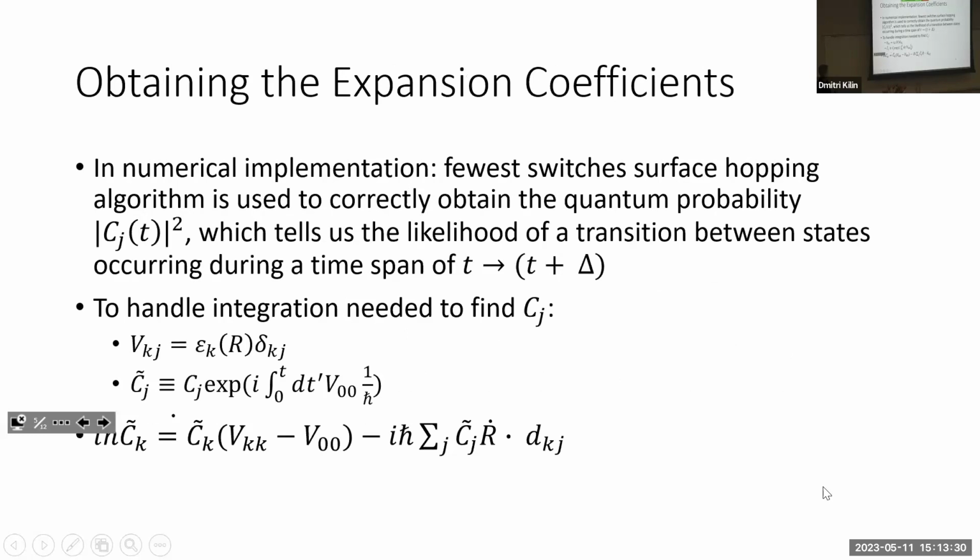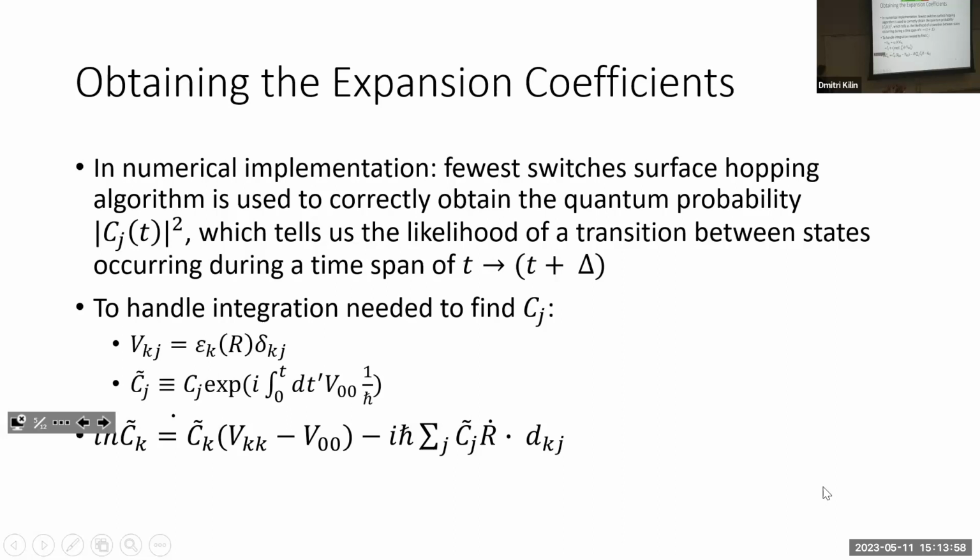So in the process of obtaining these expansion coefficients, as discussed, we want to find what the probability amplitude of these coefficients are in fewest switches surface hopping, so that you can know the probability of a state transition occurring between different time steps. But then going back to finding this coefficient, you can do some renaming of how you call your coefficient and the diabatic term.